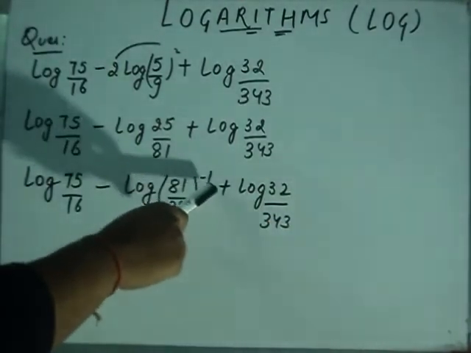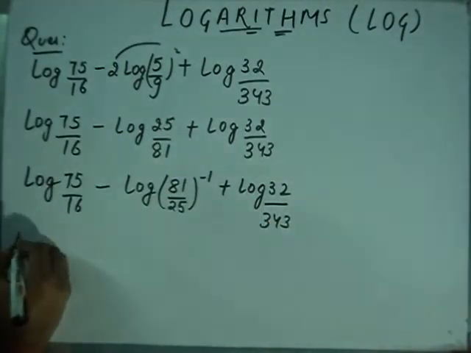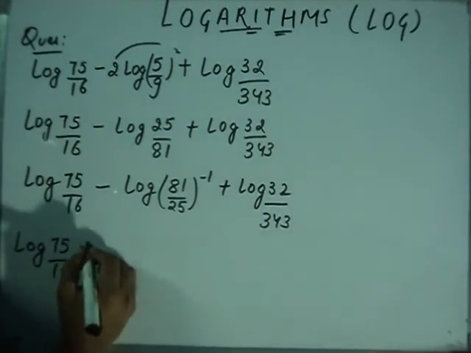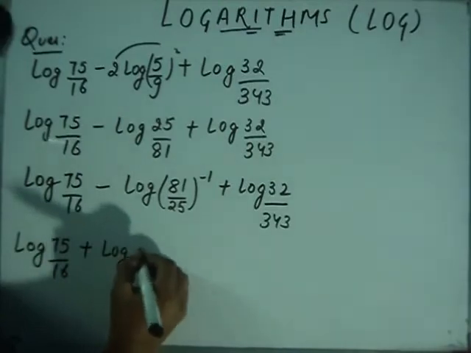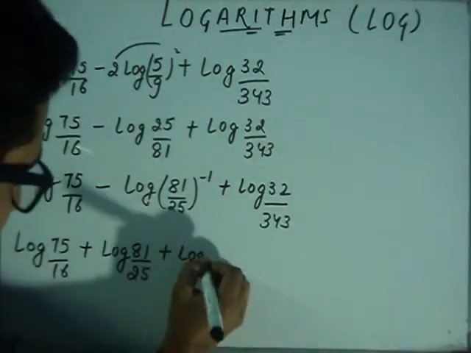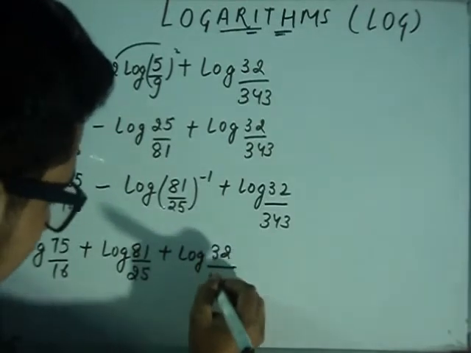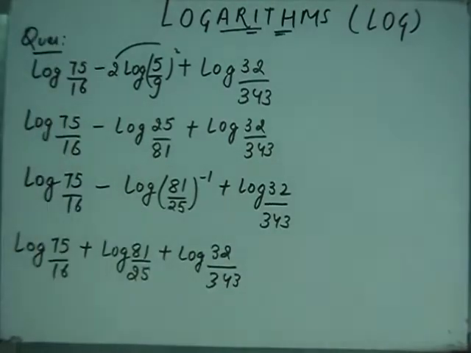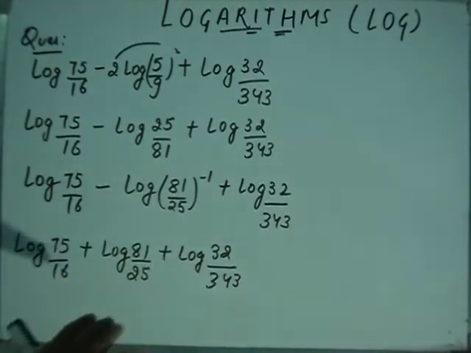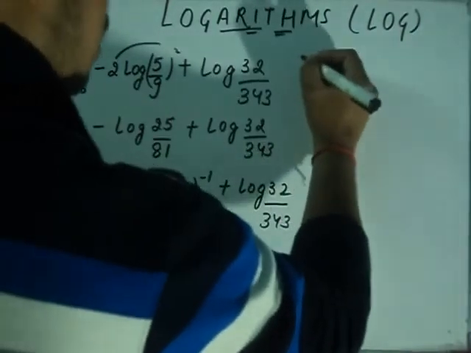This minus 1 will come here and we will get log 81 divided by 25 plus log 32 divided by 343. As we know, when the bases are the same, these values get multiplied like this.